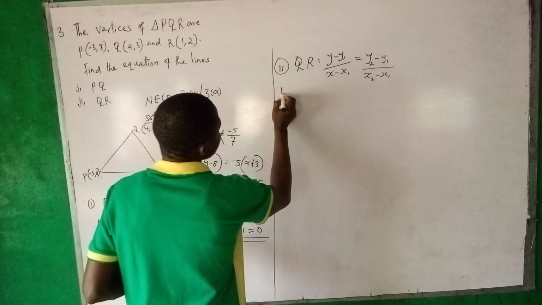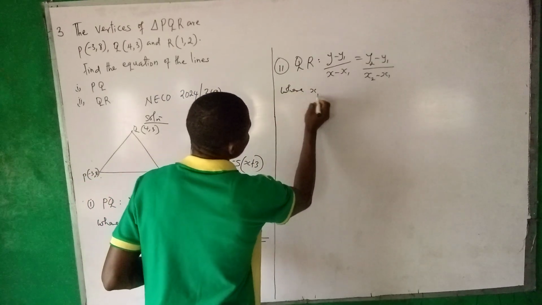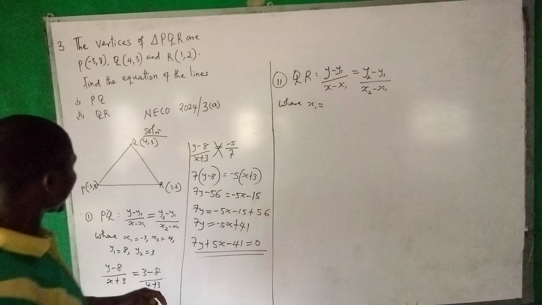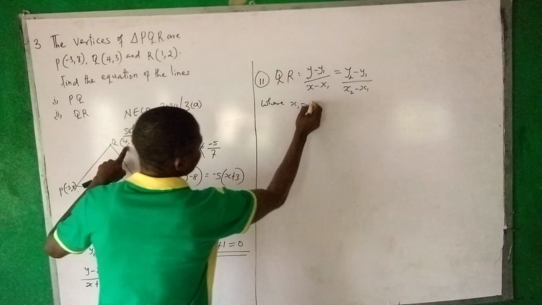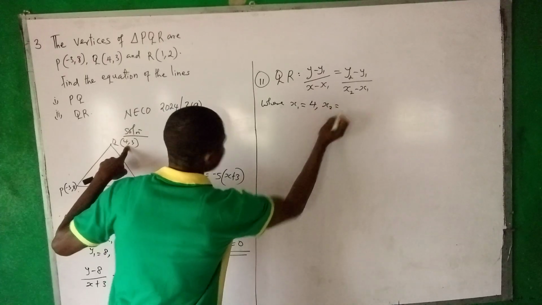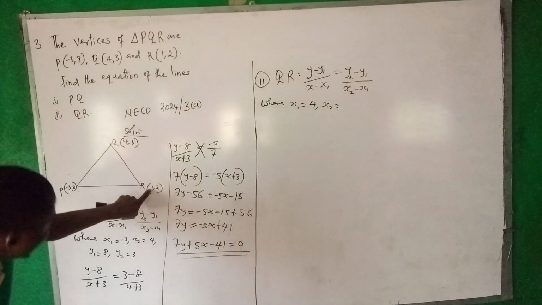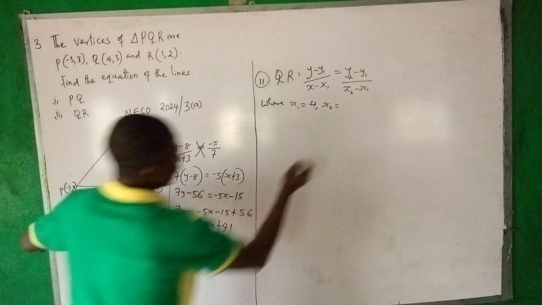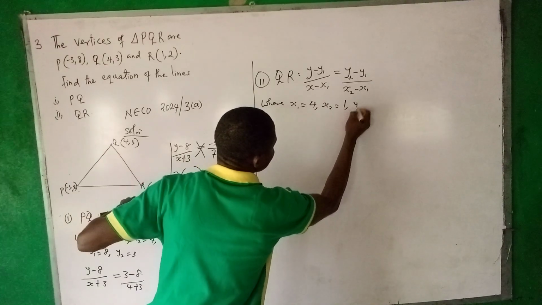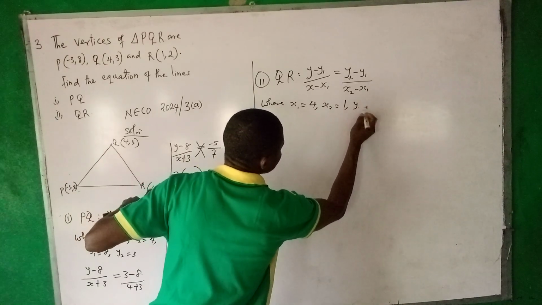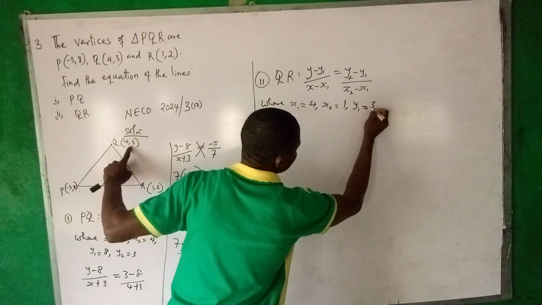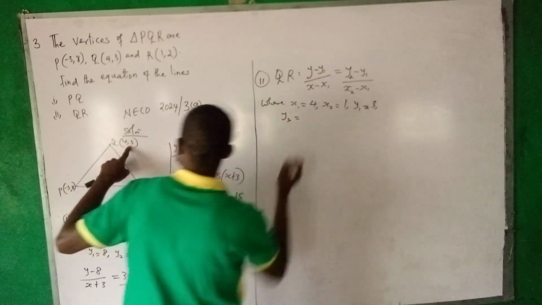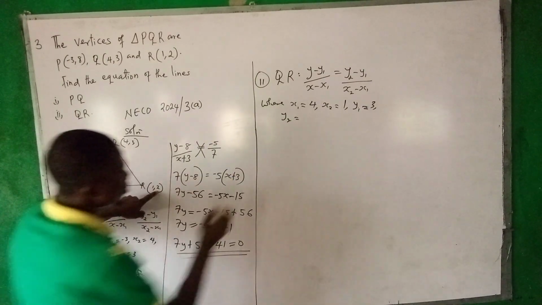In this case, my x1 becomes 4, x2 becomes 1, then y1 becomes 3, and y2 becomes 2.